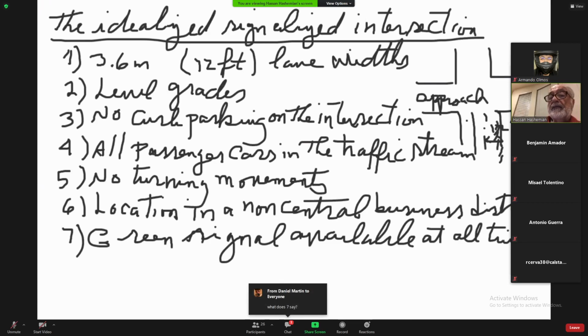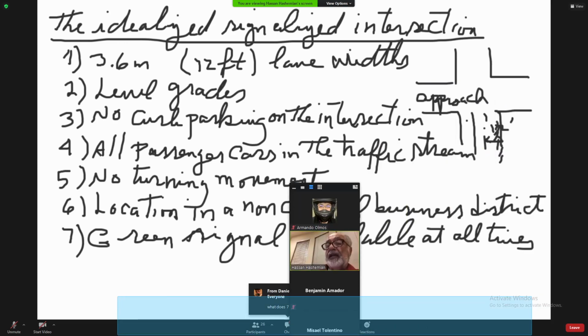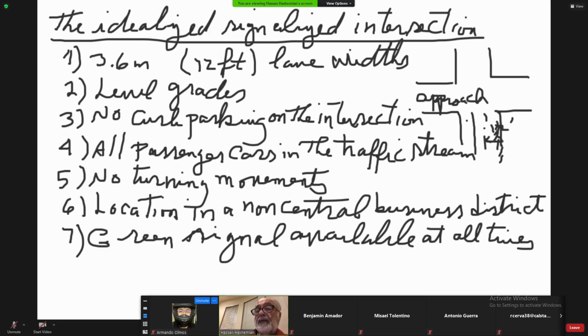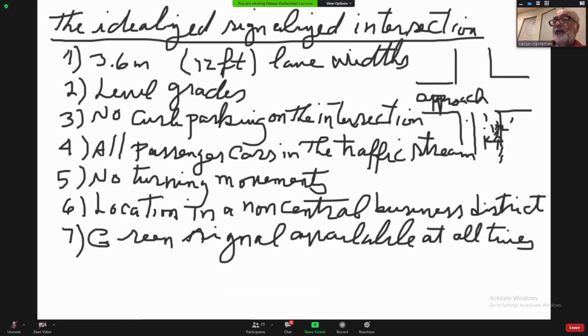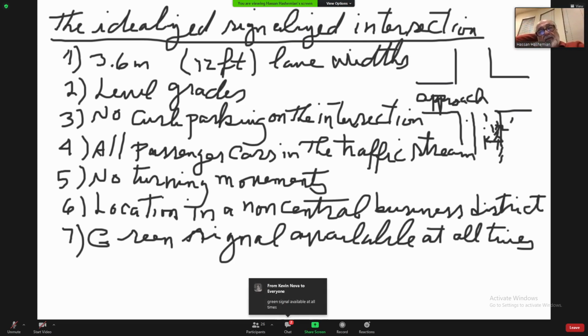On 7, green signal available at all times. At the intersection, that's not possible. We don't have green time at all times. We have yellow time and red time. So if you have that, then you have to adjust that also.